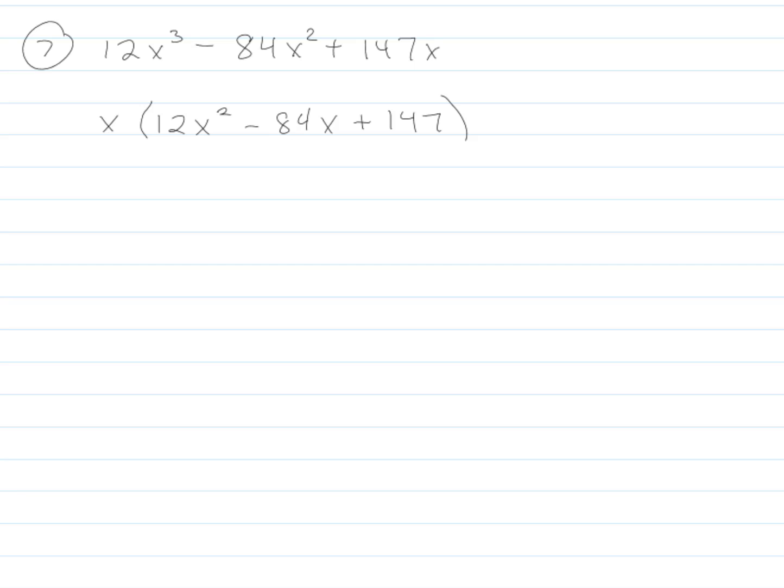So I can't divide everything by 2. Let's see if I can divide by 3. Well, I know I can divide 12 by 3. Now, there's this trick that if the digits of a number add up to a number divisible by 3, then that number itself is divisible by 3. So 8 plus 4 is 12, which is divisible by 3. And 1 plus 4 plus 7 is also 12, which is divisible by 3.